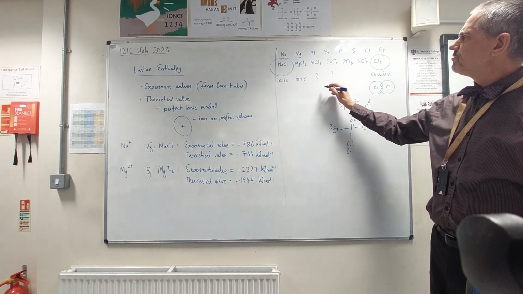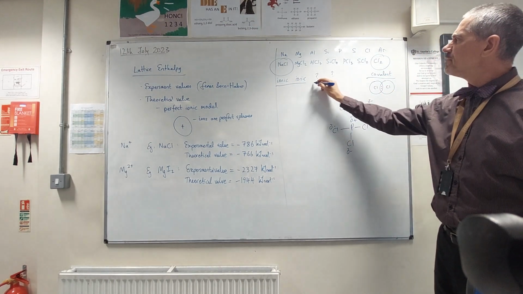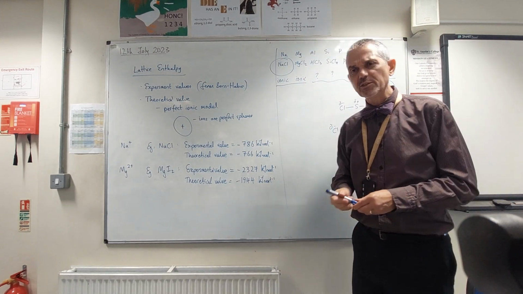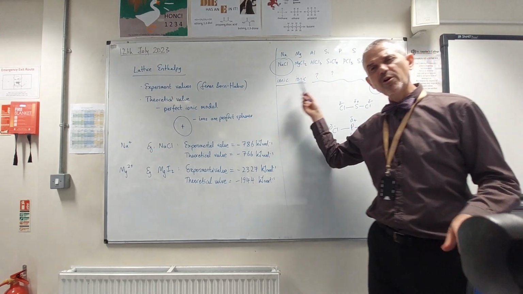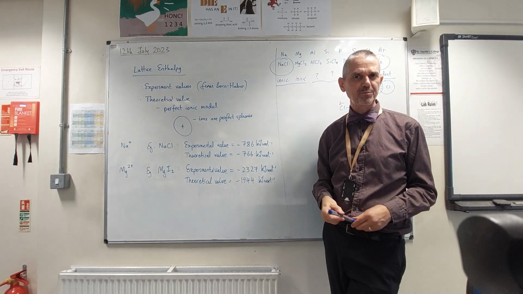It's almost as if we've got ionic down one end and covalent down the other end, but in the middle, it's more of a spectrum kind of thing. As we go from one end ionic to the other end covalent, we go through a whole bunch of things which are a little bit ionic-y covalently in the middle.